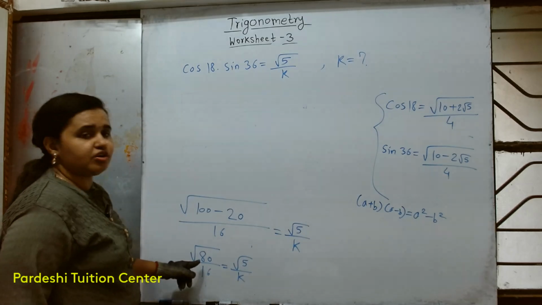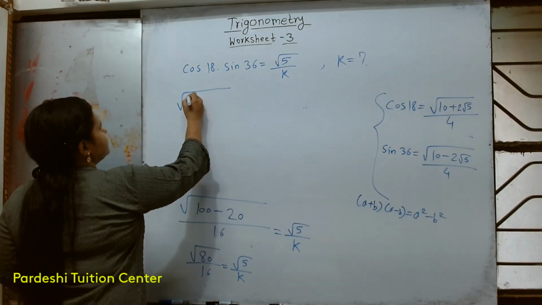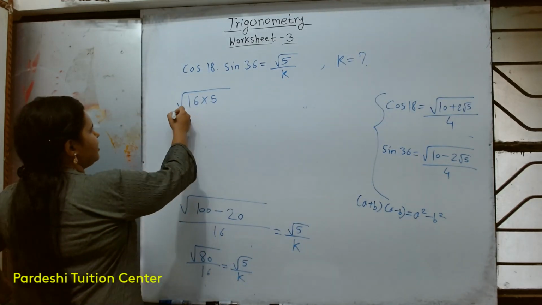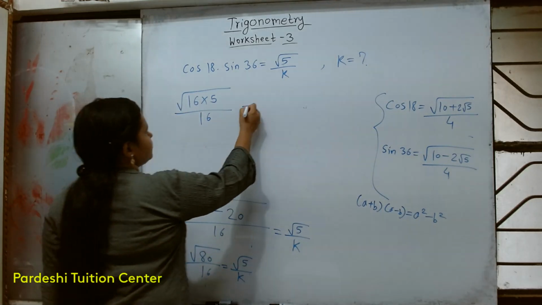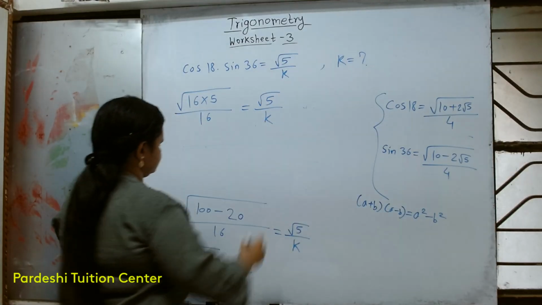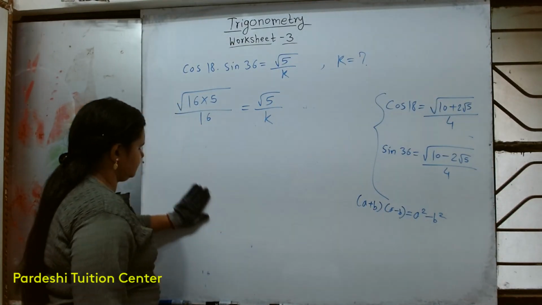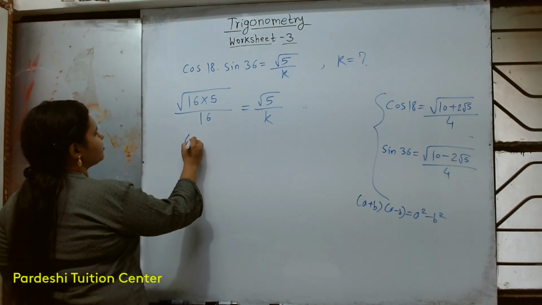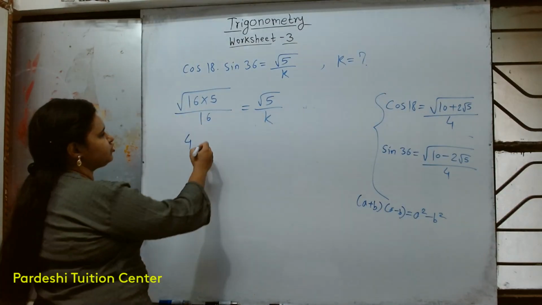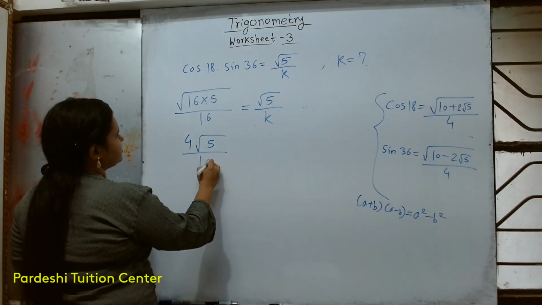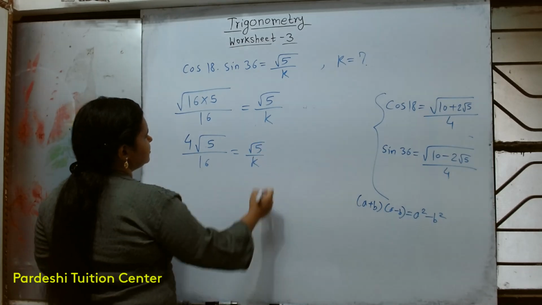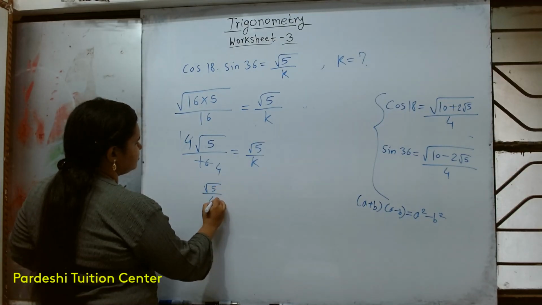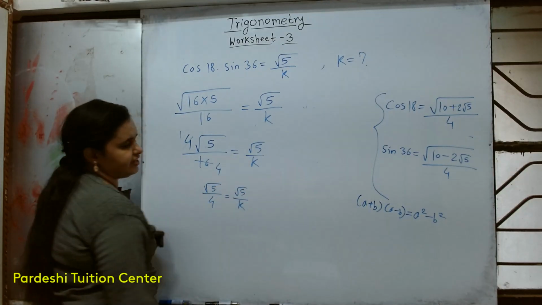We can write 80 as 16 times 5, so taking 16 out of the square root it becomes 4 root 5 upon 16. 4 1s are 4, 4 4s are 16, so what remains is root 5 by 4 equals root 5 by k. So k will be equal to 4.